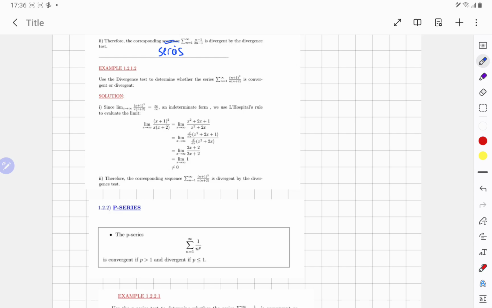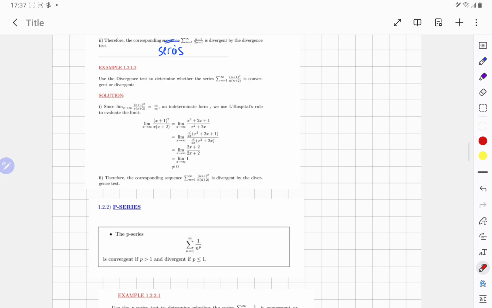So we have again the series. You want to check whether or not it is convergent. We do the limit, we change to x's, and we see that we get infinity over infinity, indeterminate form. We use L'Hopital.